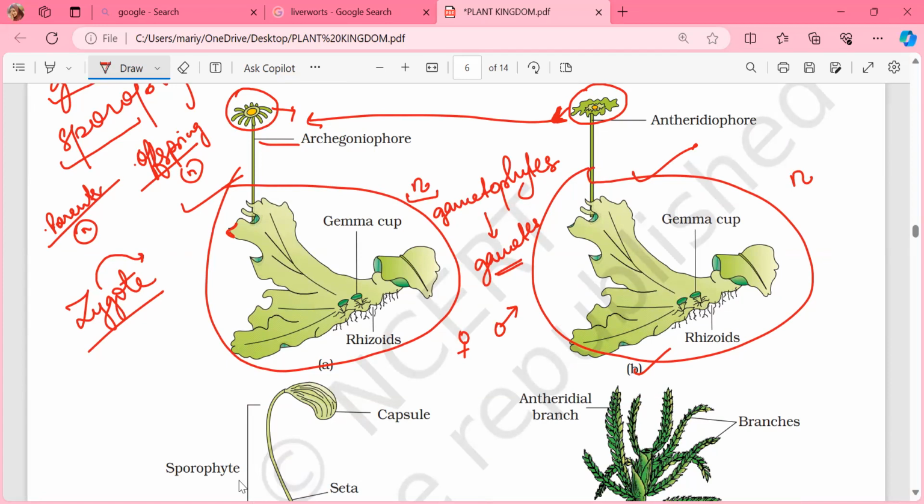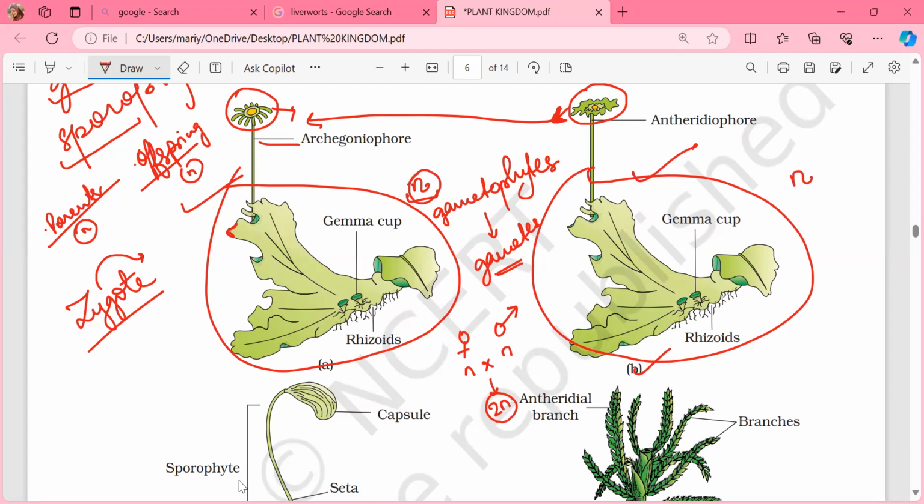Ploidy is like haploid, diploid, meaning how many chromosomes there will be. It will be haploid, isn't it? Now, when these fuse, what will be the ploidy of the zygote? N square. No, 2n. Okay.